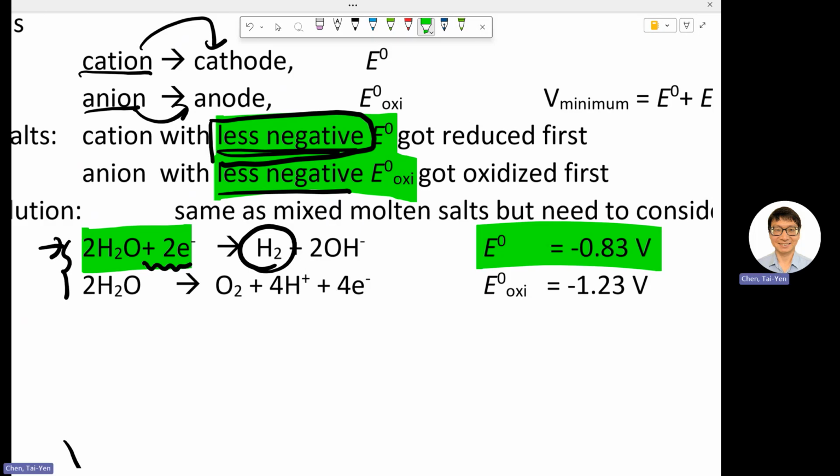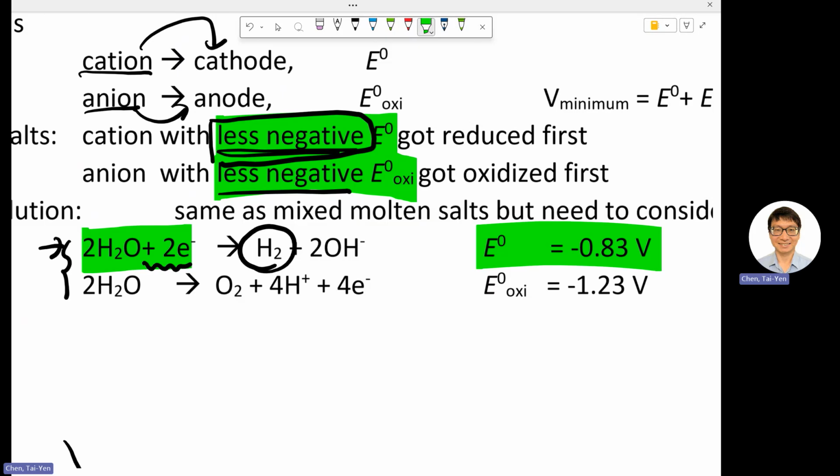and I try to figure out what's going to form on my cathode while doing my electrolysis, the logic flow should be like this. Since I'm talking about the cathode in an aqueous salt solution, the species I should pay attention to will be the cations and water. Every time you see this kind of question, what's going to form on the cathode?